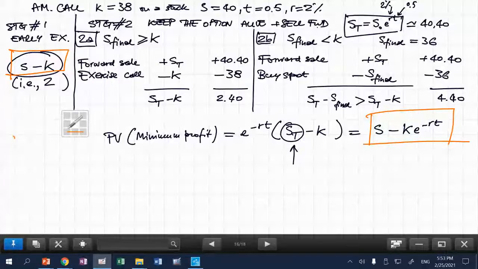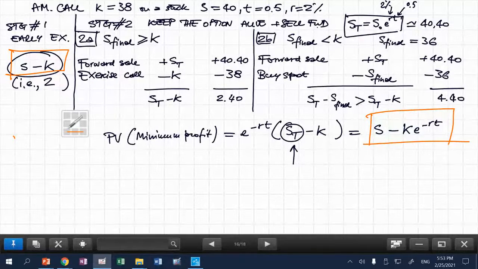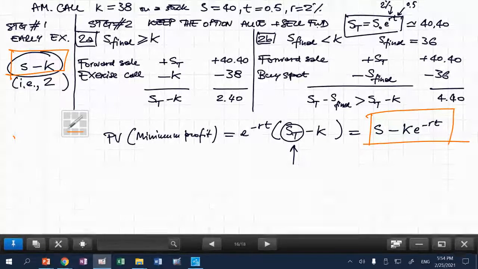Why? For a very simple reason. If rates are negative, are you still sure that K discounted is less than K? It's the other way around, okay? So if rates are negative, the conclusions are just inverted.